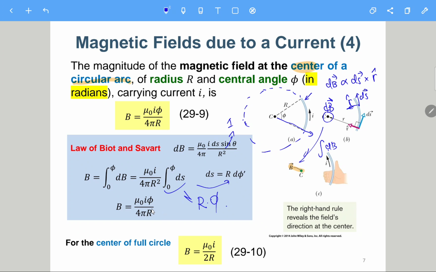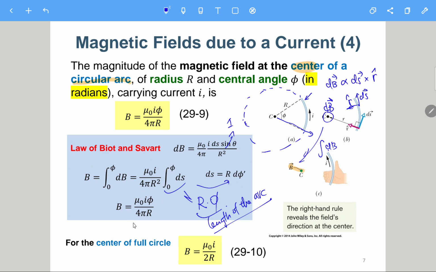So one of the R's is cancelled, and we have phi here. This is the length of the arc, so it's somehow like integrating a constant.